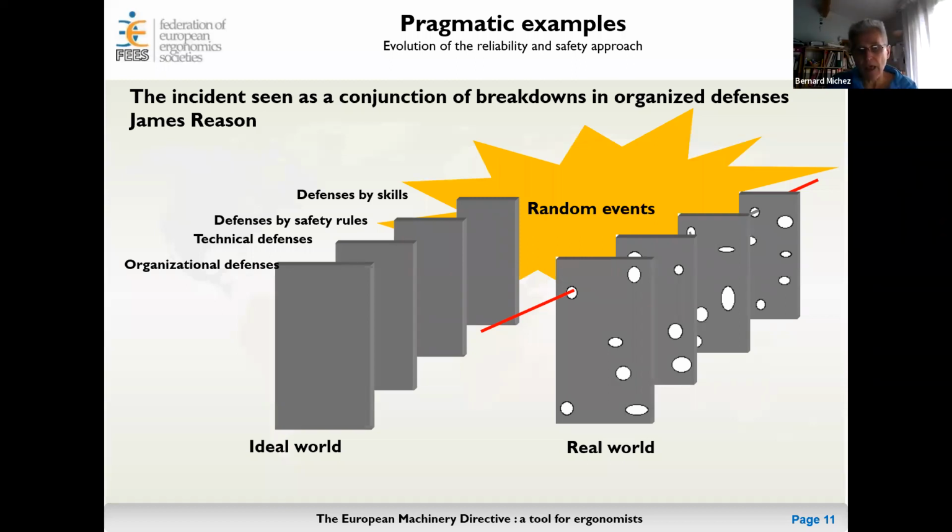So having something reliable is temporary. We have to be vigilant about what happens. When we design a new machine, we have to consider that the design is temporary, and we have to forecast that it will have to evolve and be placed in a specific organization with specific skills and so on.